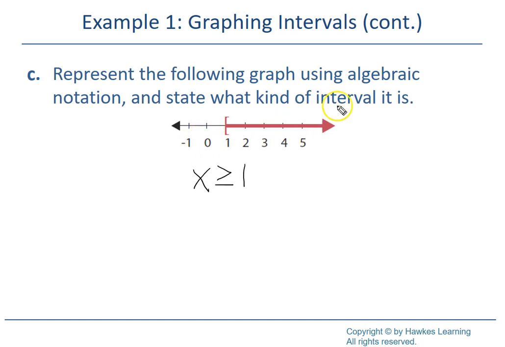And then interval notation would be, again, right from the graph, bracket 1 to positive infinity, and it's half open. This is the open part. This part would be the closed. And again, they're using that to designate that 1 would have had a dot on it because 1 is included in the set. If it was only greater than, we would have used a parenthesis here, just for review.